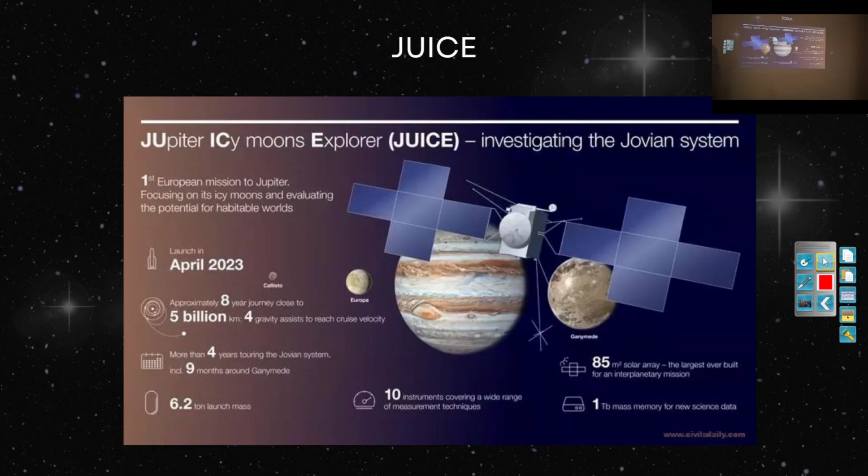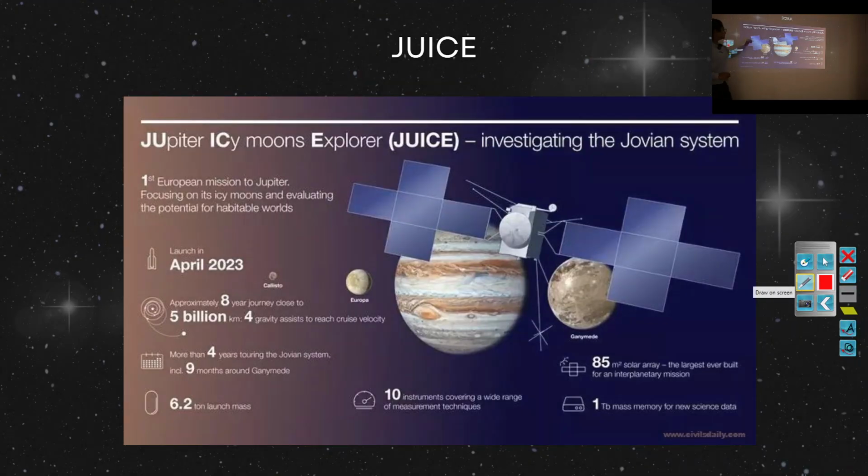And four moons are very important, the bigger ones. Callisto, Europa, and Ganymede, and the other one is Io.